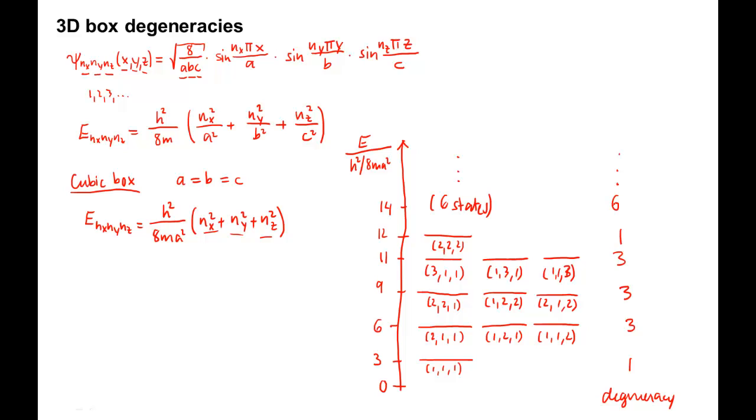So we see that there is a high level of degeneracy among the states of the cubic box. This is because the box is highly symmetric. Indeed, this is a general principle: the higher the symmetry, the higher the degeneracy.